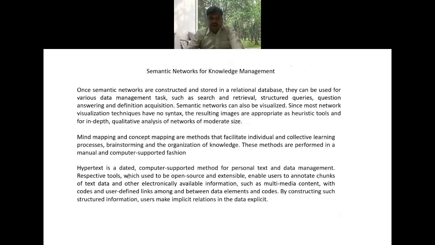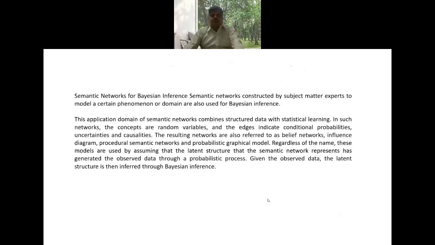And the respective tools corresponding to hypertext, which are open source and extensible, enable users to annotate chunks of data and other electronically available information such as multimedia content with codes, user defined links, etc. between the data elements and codes. By constructing such structured information, users make implicit relations in the data explicit.